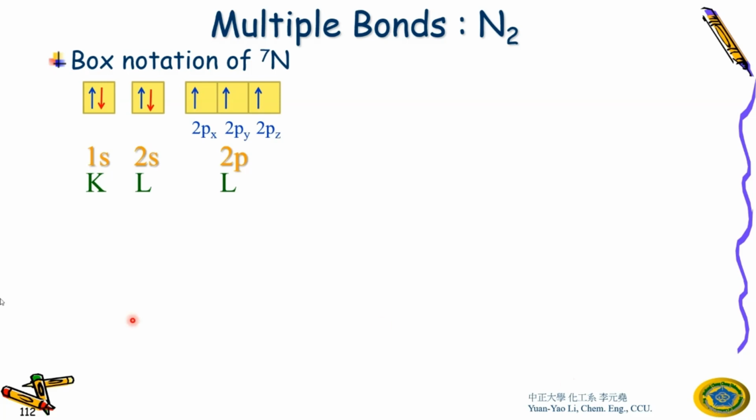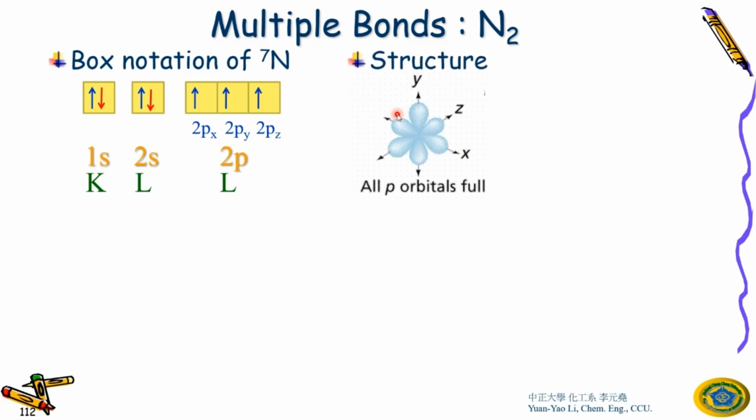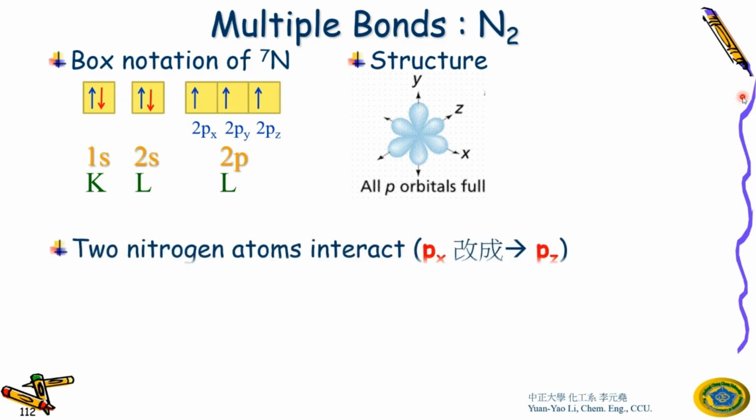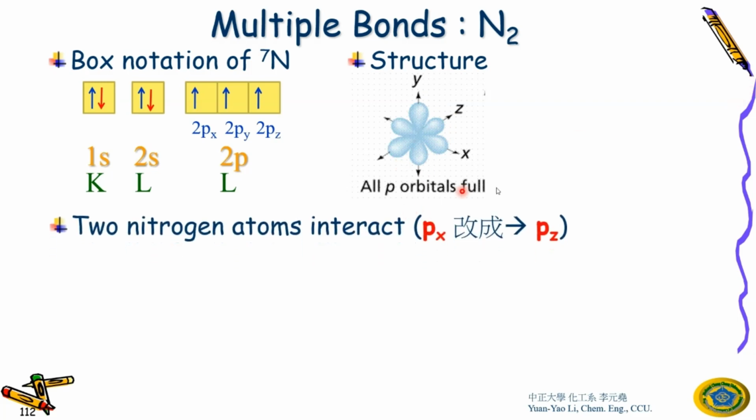So this is a nitrogen atom, and you have another nitrogen atom, and you put them together. For the p orbital, according to the Schrödinger equation, it looks like a dumbbell, right? A dumbbell orbital, in the x-axis, y-axis, and z-axis.